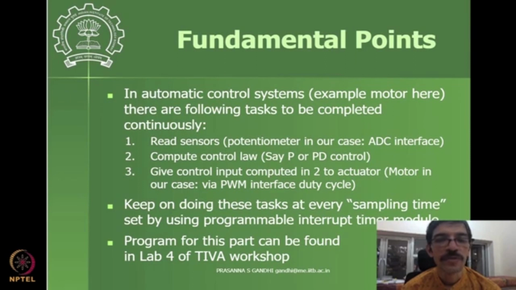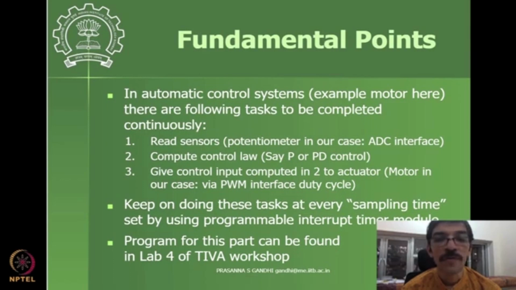That task is called the interrupt service routine. It will be executed, and then the microcontroller will go back to its original point, your main program, and start executing from where it had halted previously.